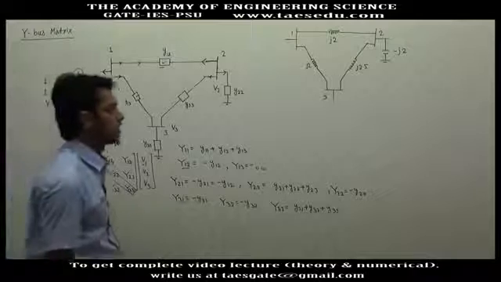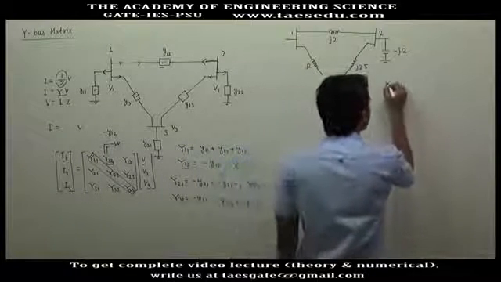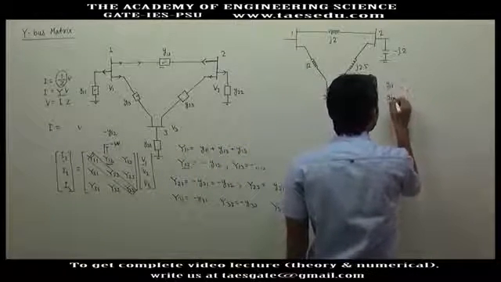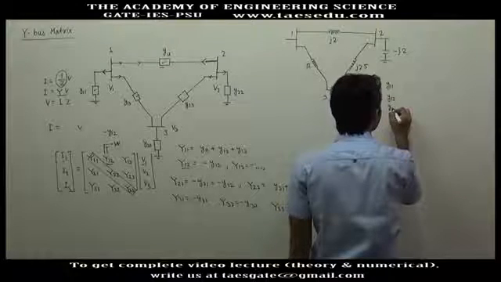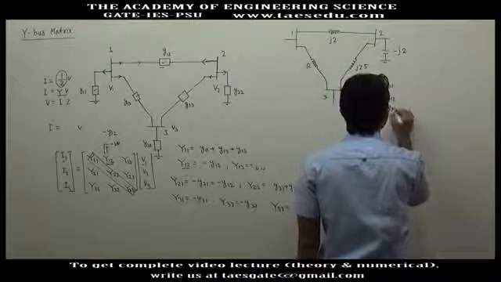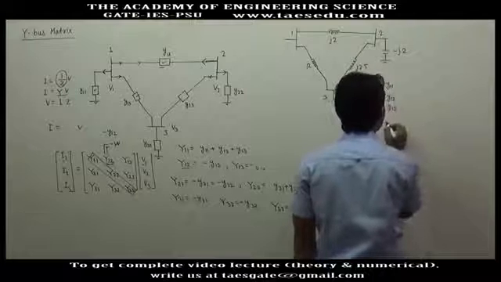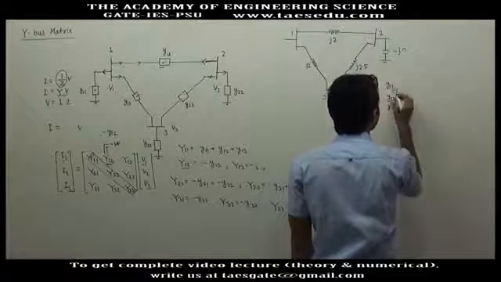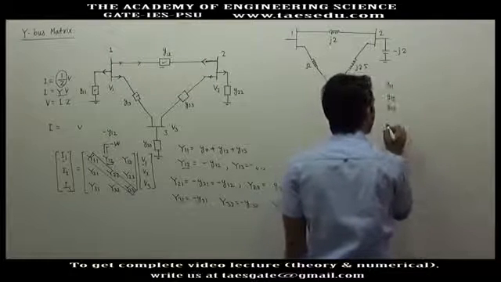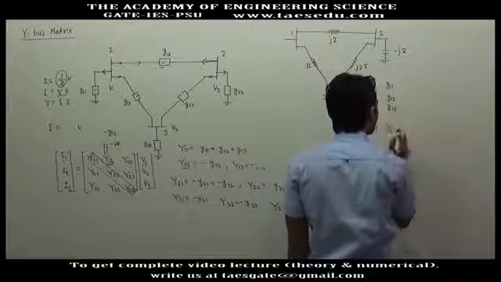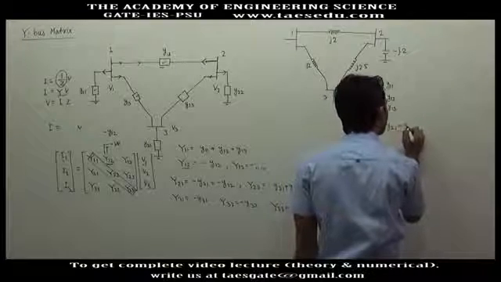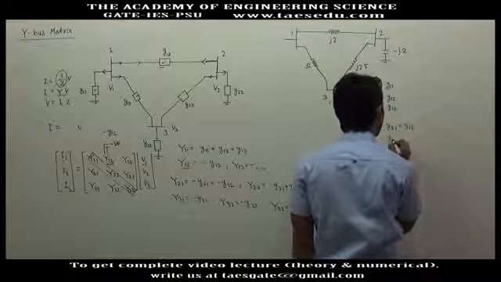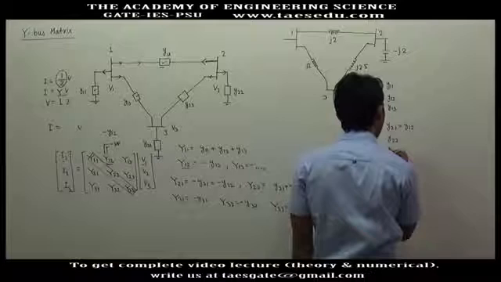So first you will have to find small y11, small y12, small y13. This is for I1, and for I2 you need small y21, which is nothing but small y12. Then you need y22, y23.